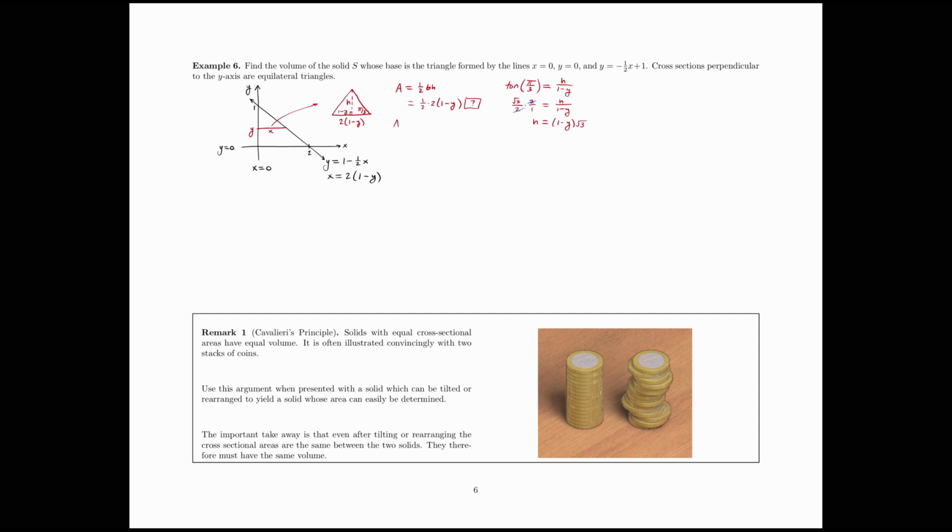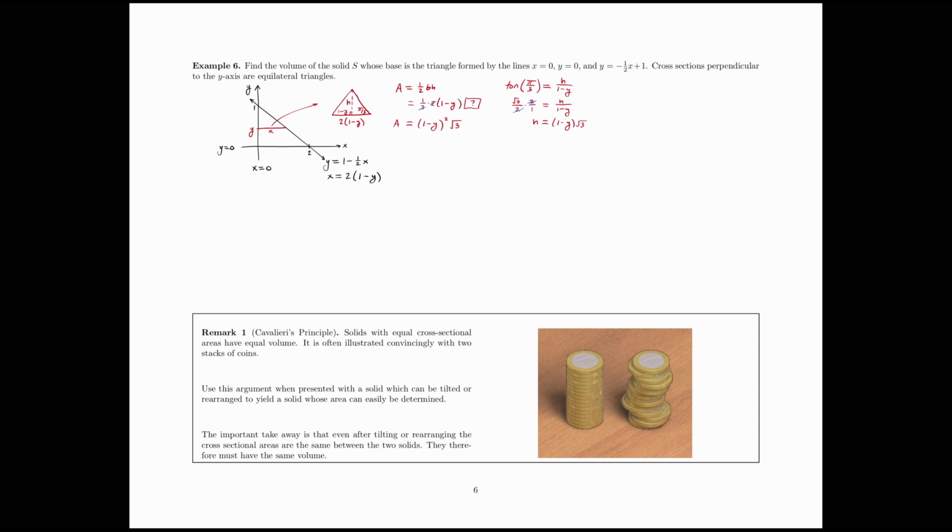So the area is, let's see, these 2's cancel. We're left with 1 minus y, this copy, times h, which is another copy of this, times the square root of 3. Now that's the area of that equilateral triangle.